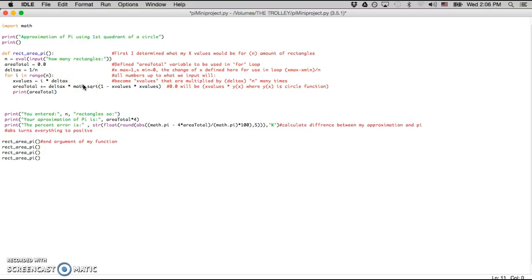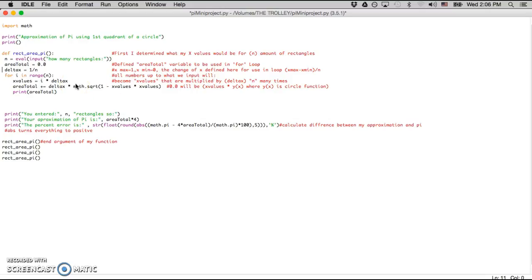I made the variable area total, and I had to set this up so I could use this in the for loop. So the x max, it became delta x, 1 over n, because our x max is 1, our x min is 0, so the change in x is x max minus x min over n.